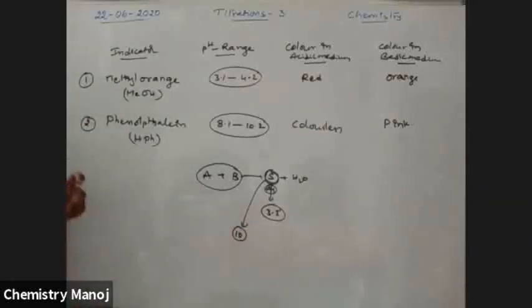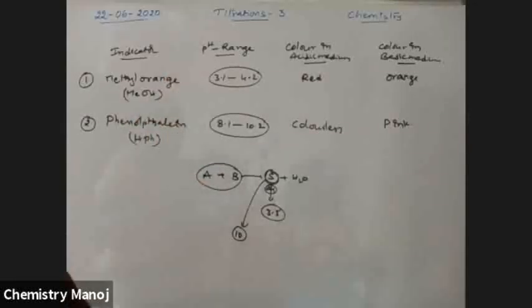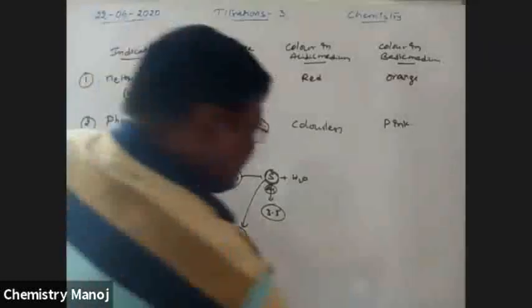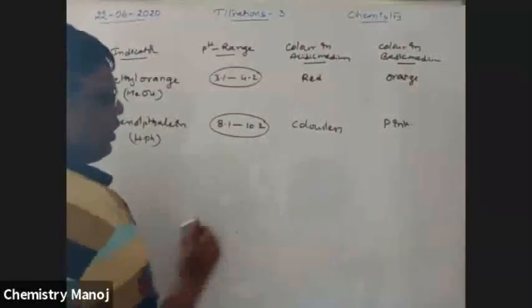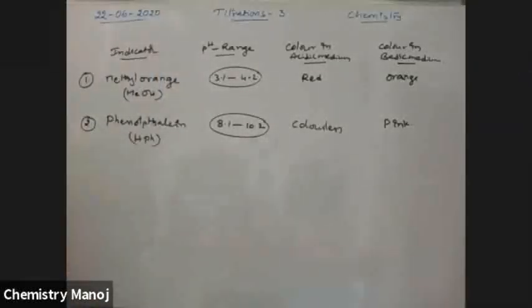So depending on the pH range of the final acid-base solutions, we choose the acid-base indicators. These are the only two acid-base indicators frequently used: methyl orange and phenolphthalein.